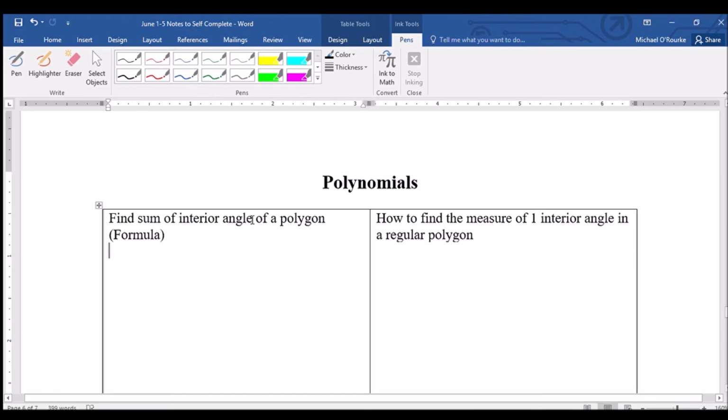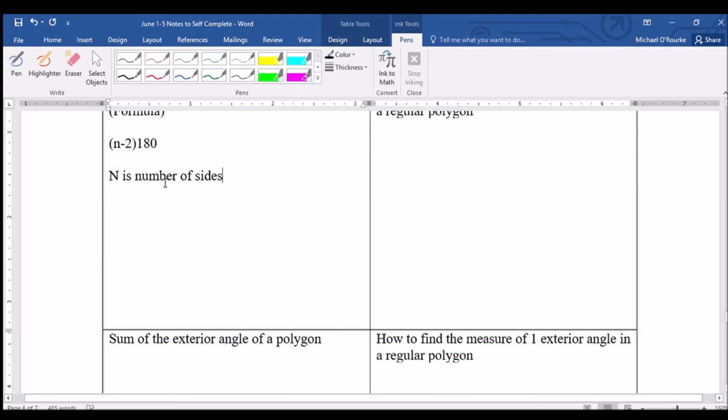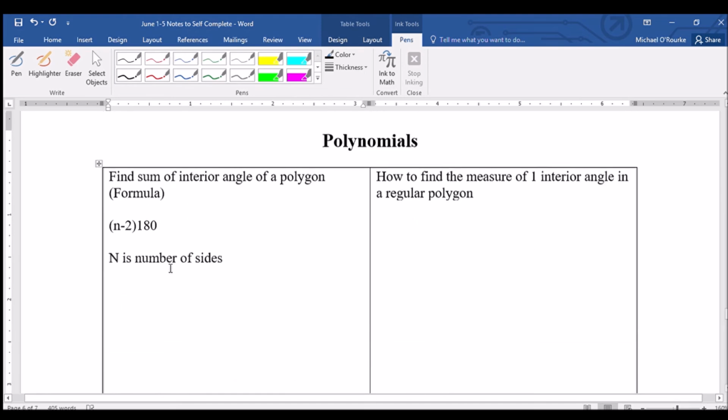So, find the sum of the interior angles of a polygon. The formula here is n minus 2 times 180, and n is the number of sides. Underneath this, I want you to write an example of how you get this answer.